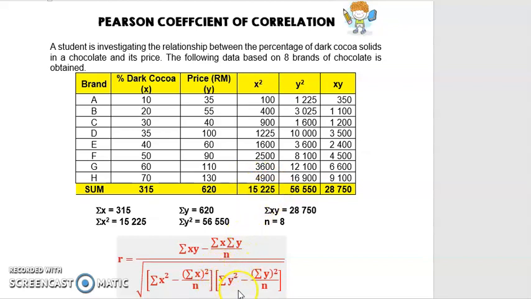Similarly for the summation of y squared: 35 squared we get 1225, 55 squared we get 3025, and we total up all y squared values. Instead of calculating these manually, we can use a function in our scientific calculator.